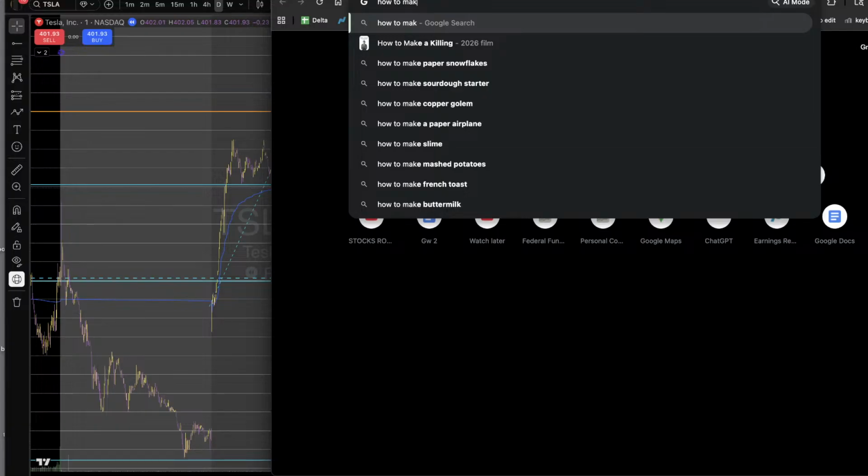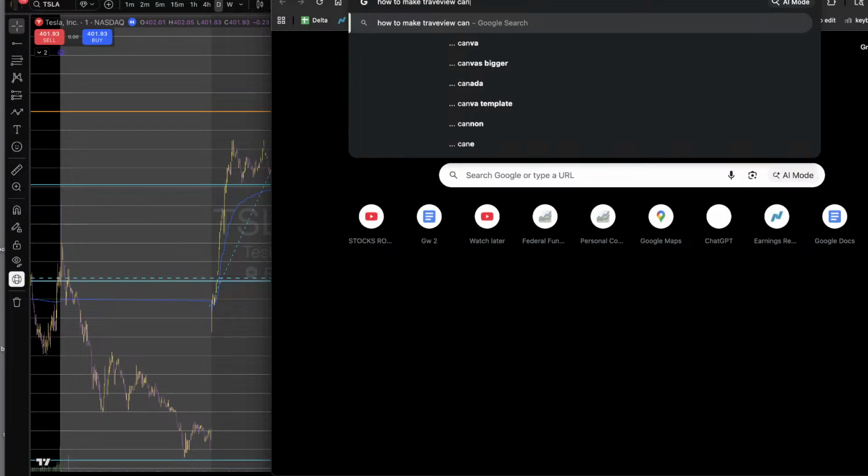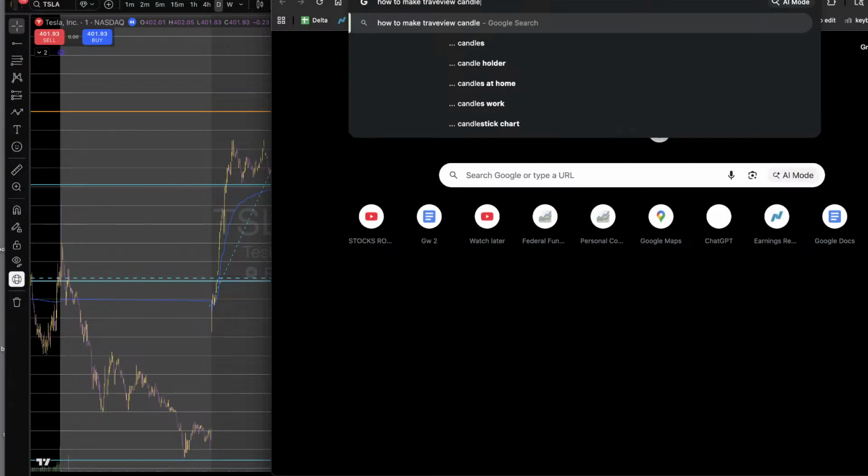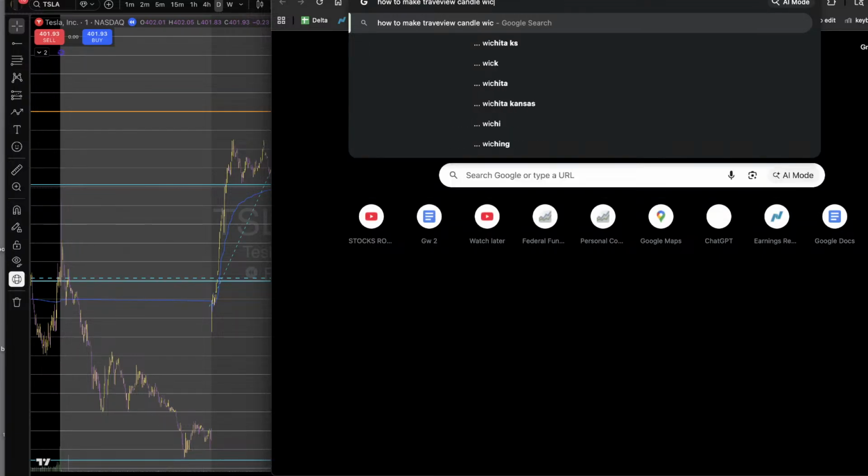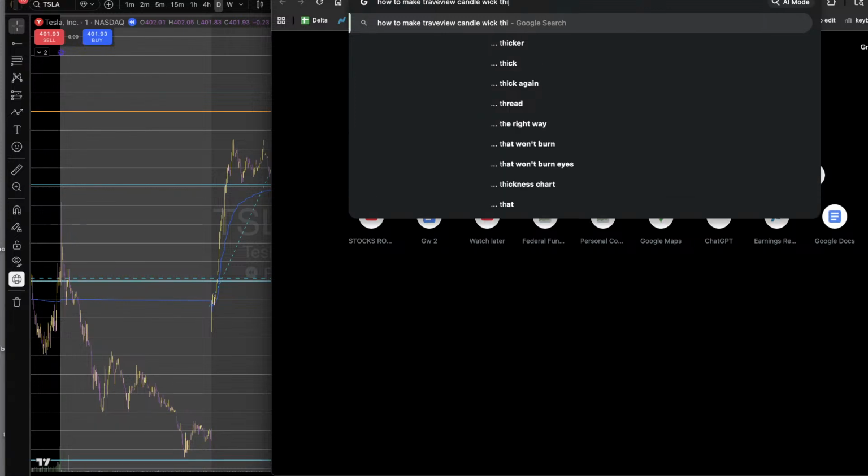How to make a killing. How to make paper snowflakes. How to make TradingView candle wicks thicker.